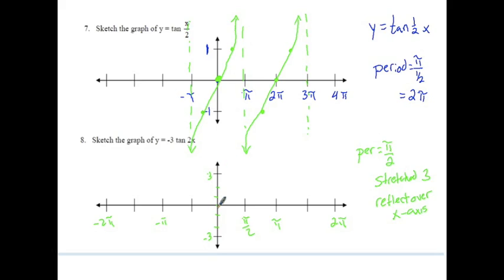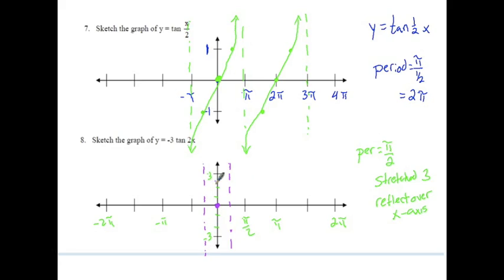We're not getting shifted in any direction, so we're still going to start with 0, 0. Halfway over. Now, half of my period is a half a pi, so half of a half is a fourth. So I'm going to go over a fourth of a pi, plop down my asymptote. The asymptote looks something like that. And a fourth of a pi backwards is my other asymptote.